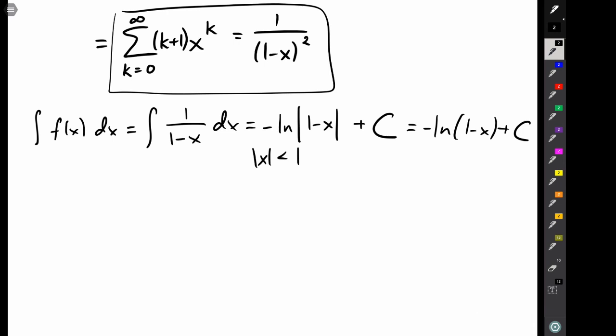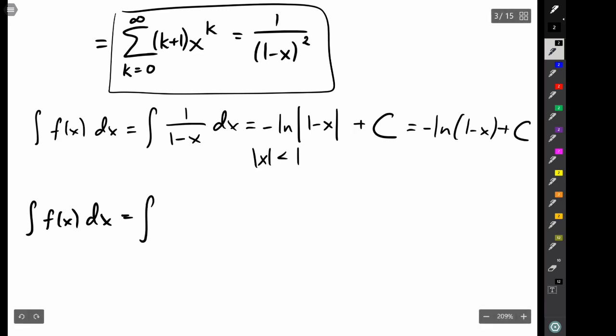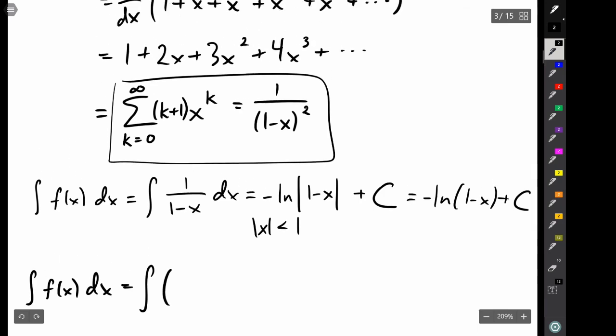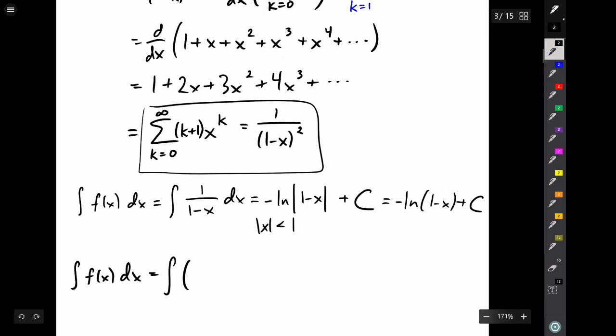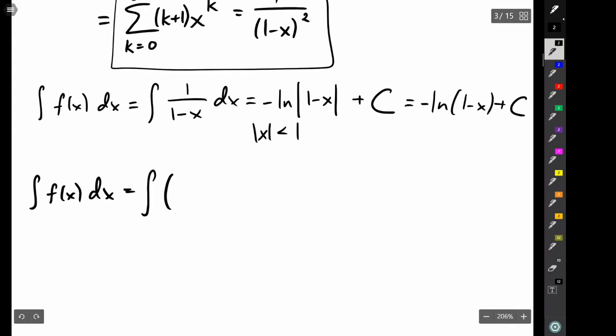All right, so that means we can just integrate that original power series, right? So let's integrate the power series part of it. Let's write out the terms of that series just like we did for the derivative. So the integral of 1 plus x plus x squared plus x cubed, and so on, dx. Okay.